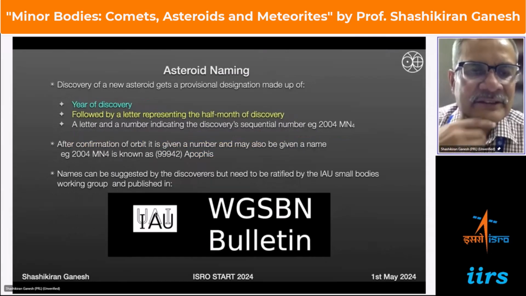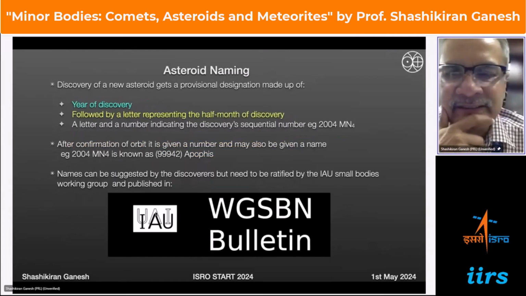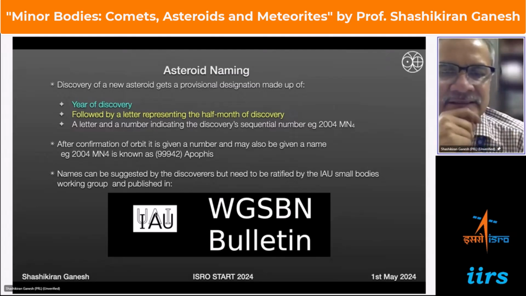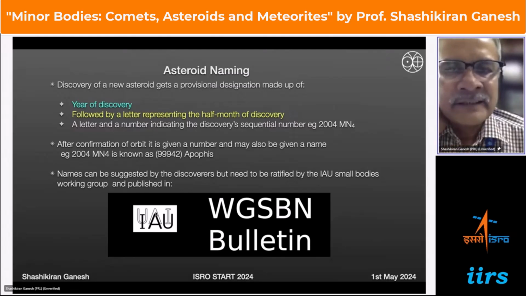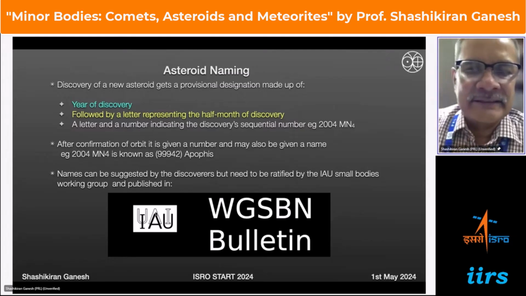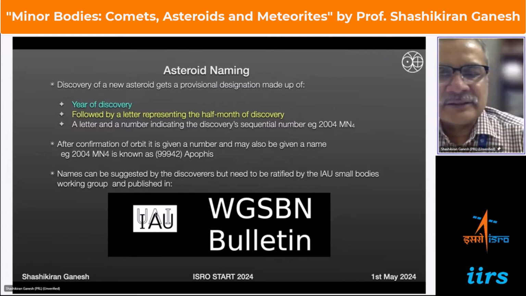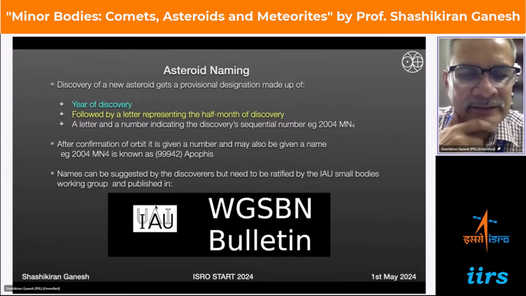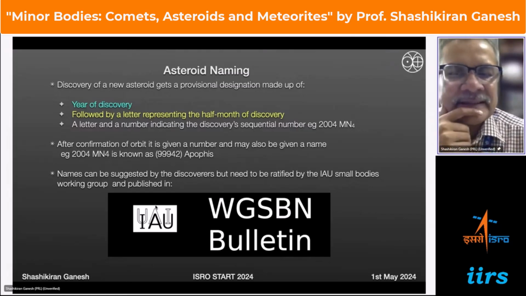Now, if we come to asteroids, these are a more interesting set in terms of naming, because they are in such large numbers. Asteroids we are typically discovering on almost a daily basis by repeated imaging of different regions of the sky.